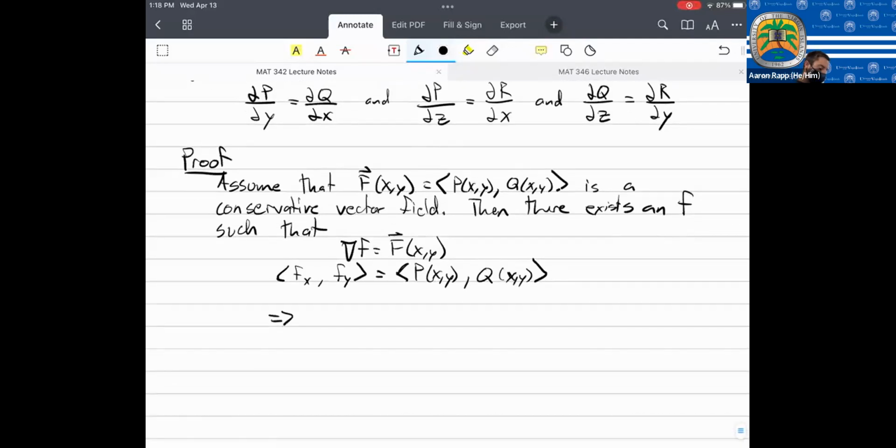So what does this imply? Well, that then my partial with respect to x is just that function P. My partial with respect to y is just that function Q. So then if I want to take the partial of this function P with respect to y, what do I get?